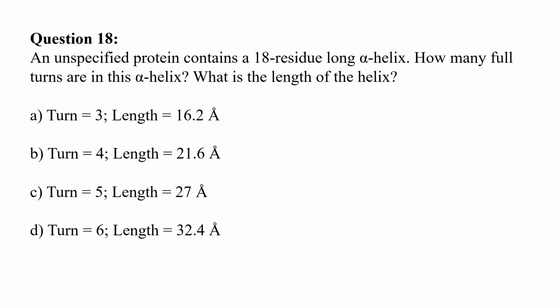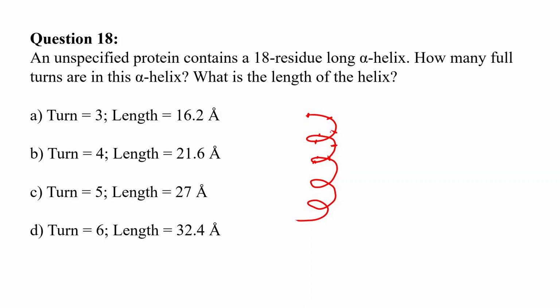The next question is, what is the length of the helix? So you should know how many residues make up one turn; there's always a defined term for the alpha helix. If I make an alpha helix for you, and I'm saying 18 residues are making this, so 1, 2, 3, like that we will have 18 residues making this alpha helix, right?